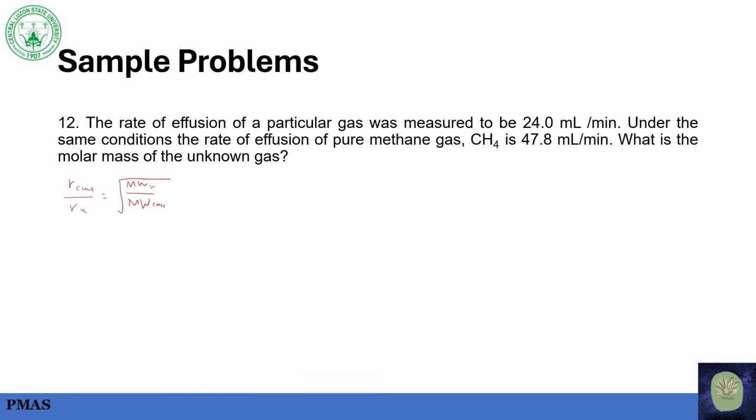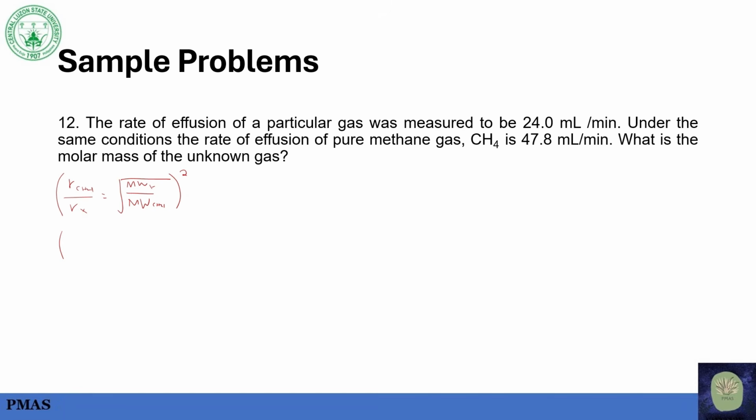Okay? Now we are finding this molecular weight, right? So we are given the effusion rates of the methane and the unknown gas. Now to solve this, we must first isolate the molecular weight of the unknown gas. So we can square both sides.